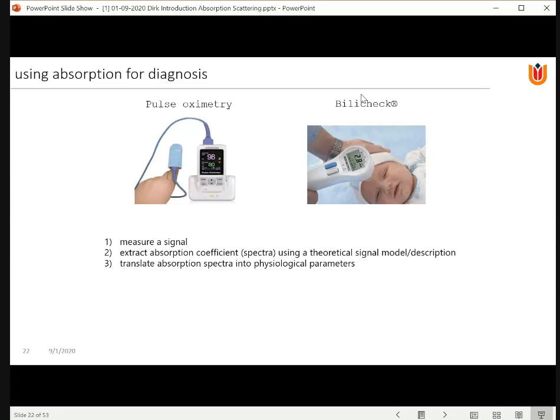Then for the actual measurement, we turn it around and try to extract the absorption coefficient or spectra from that model. The last step, if we have a quantitative measurement of these absorption spectra, is to interpret that in terms of some physiological parameters. Normally, we don't care whether the absorption coefficient is at a certain number. We want to know whether the blood oxygenation level is sufficiently high, or whether the bilirubin level is sufficiently low. So that last translation step is also necessary.